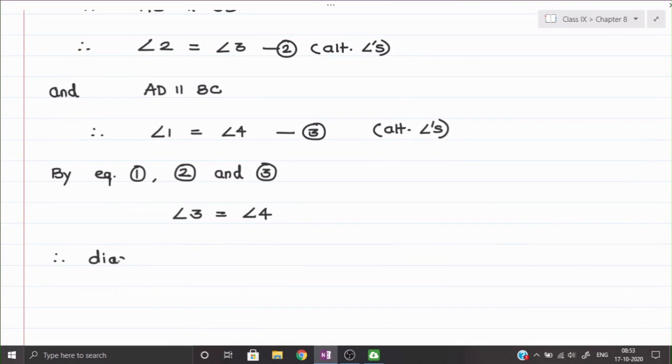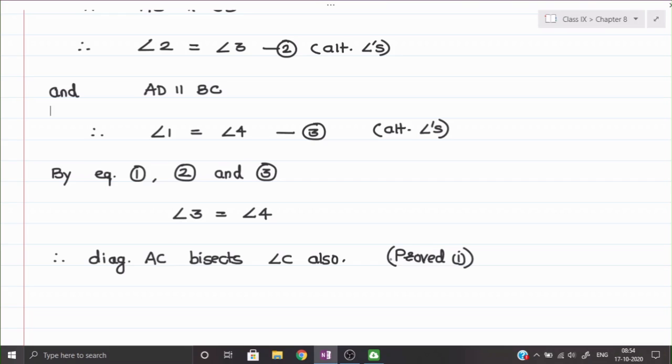That we shall write down properly. Diagonal AC bisects angle C also. Okay, here you can mention proved. First part got over. Now let us see the second part.